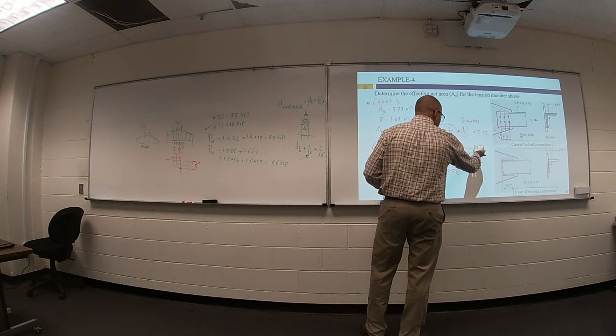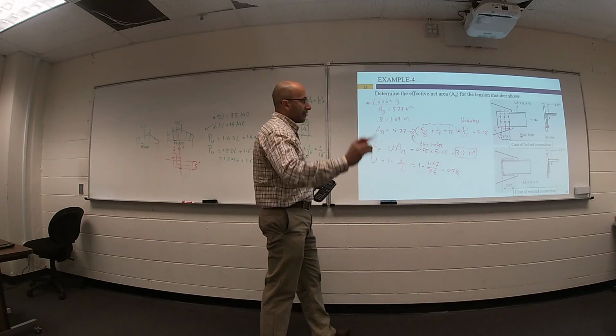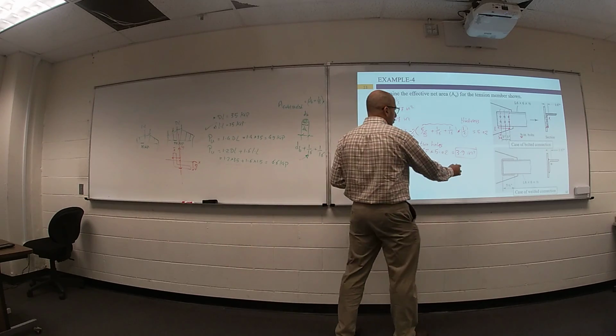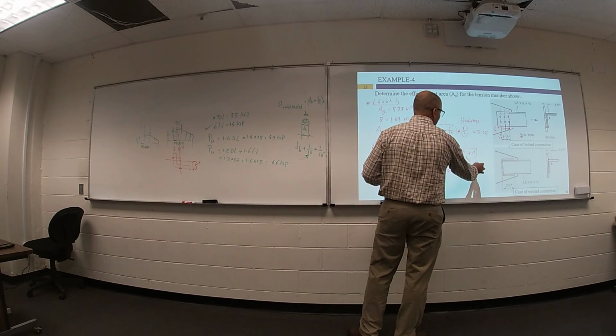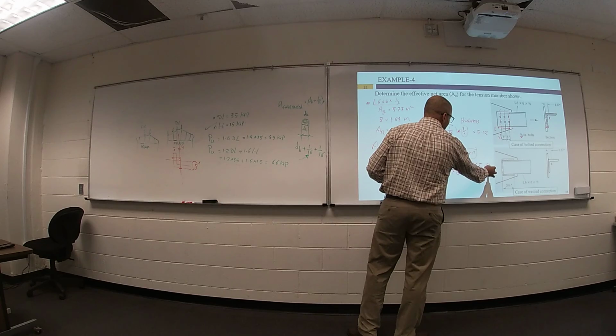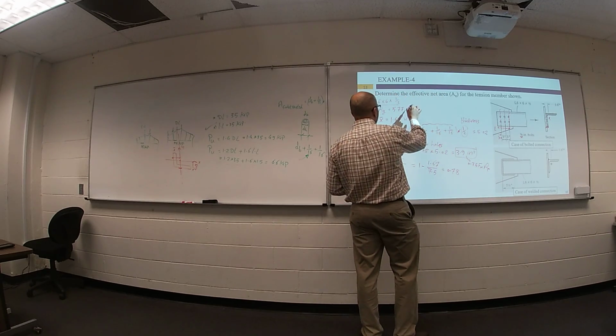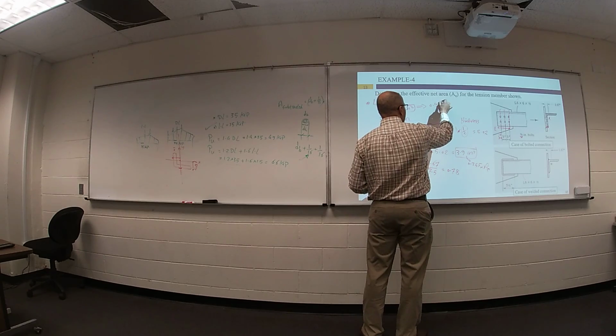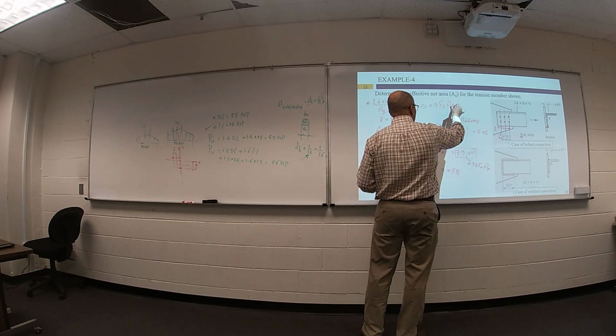This value is the actual effective area of this angle will work if you design 0.75 F ultimate area effective. This gross area will be work if you design 0.9 F yield area gross.